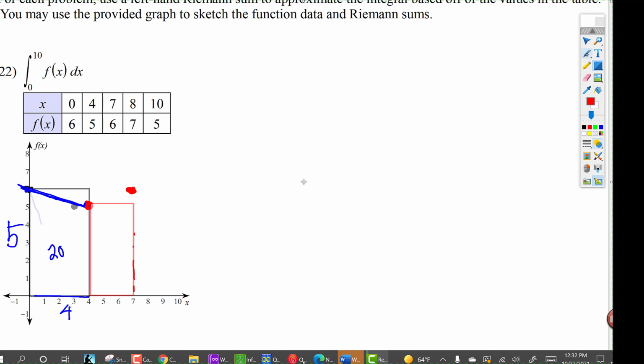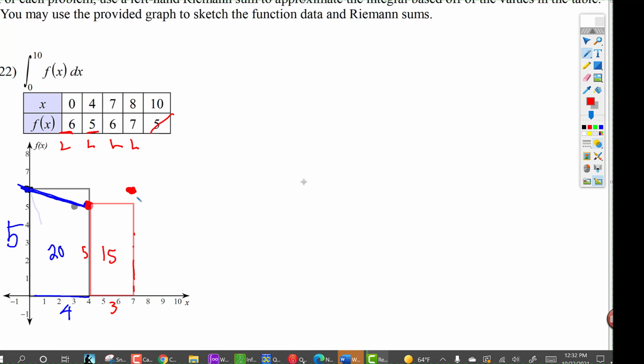So for the height of this rectangle, we have a height of 5. These are the left, left, left, left, left. Those are 4. We're not going to have to care about that height. All right? So this width is 3. This height is 5. So this area is 15 units squared. Okay? Now we move on to the next one.